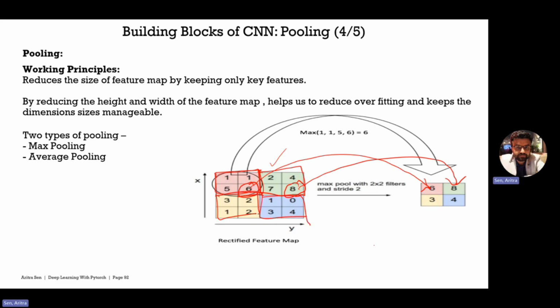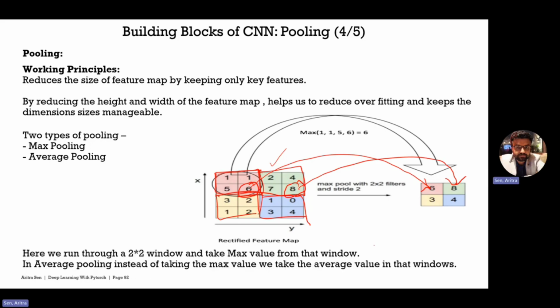With that, we hope we are keeping only the key features and throwing out the redundant information in the input image, while also reducing the number of parameters, or dimensions, to a more manageable number. In max pooling we just pick up the max value.